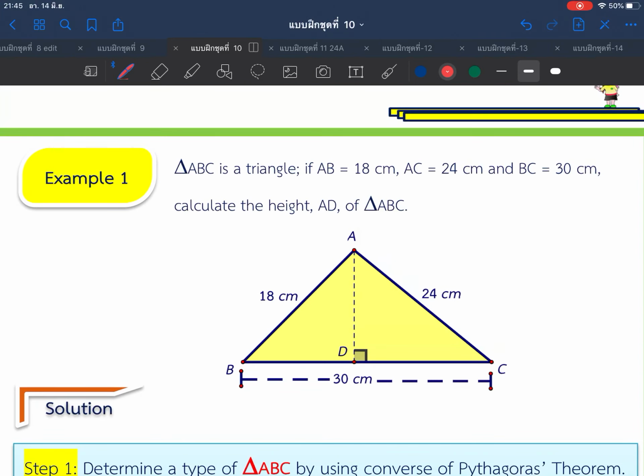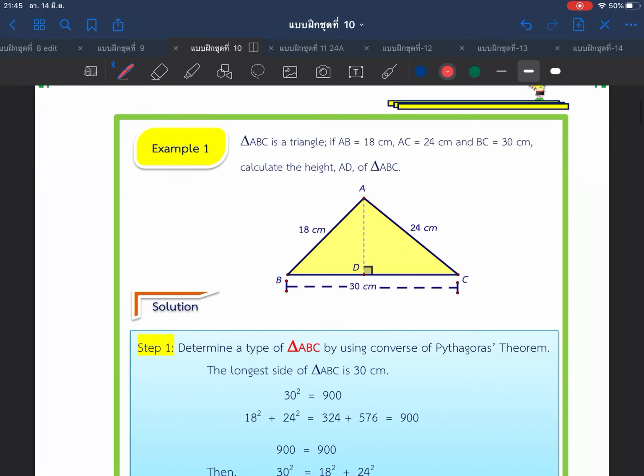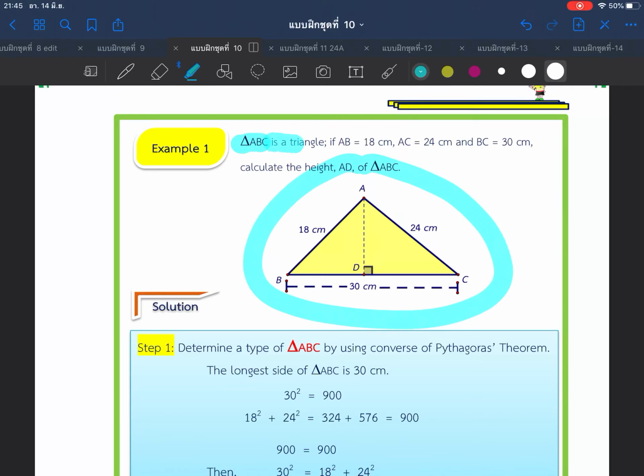Example number 1 says that in triangle ABC, which is this one, it doesn't say that it's a right angle triangle, but it says it is a triangle. If AB is equal to 18, AC is 24 and BC is 30, BC is the longest side, calculate the height AD.